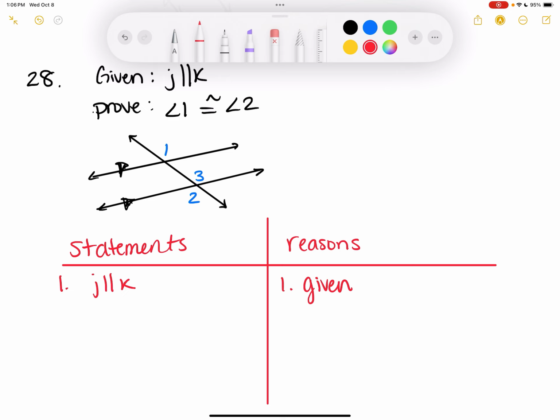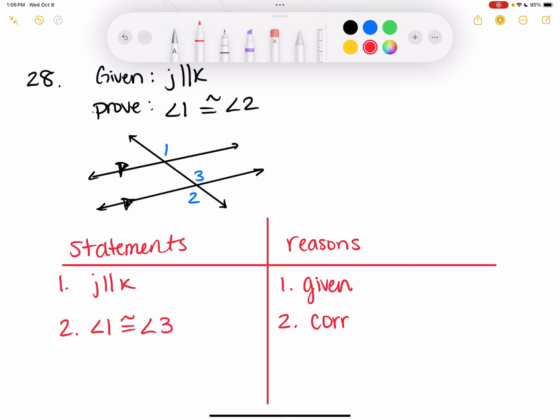So what I'm going to do is I'm going to say, well, I know that 1 is congruent to 3, right? So step 2 is angle 1 is congruent to angle 3. And what would the reason for that one be? What are these? Corresponding angles. Yep.